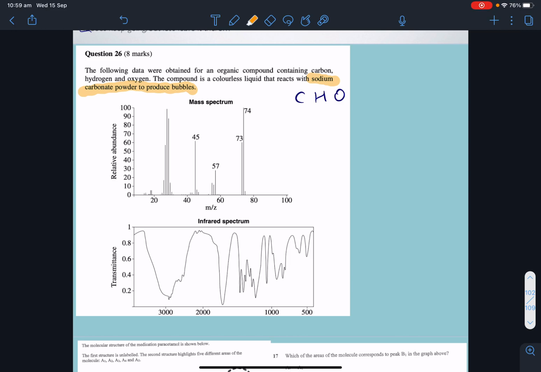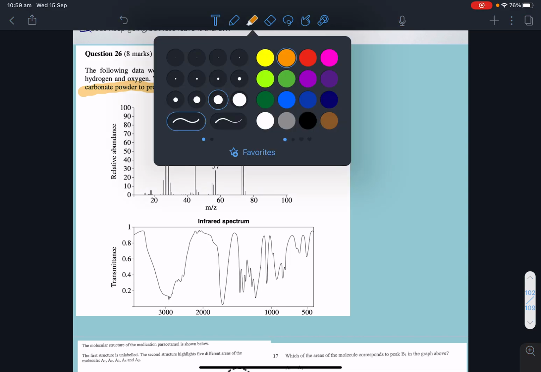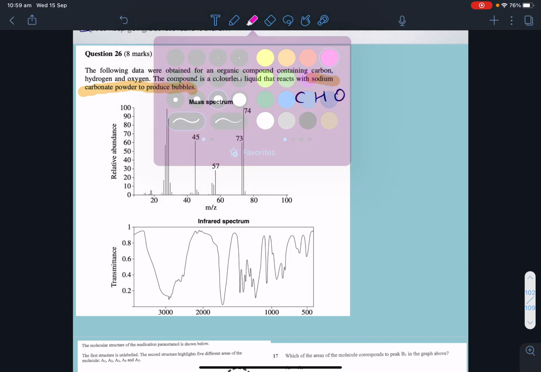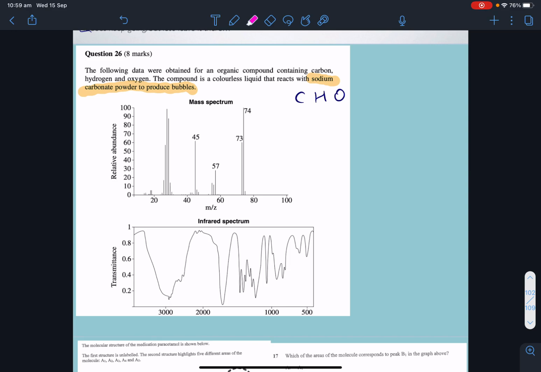I'm going to jump down to the IR spectrum, because if I'm now suspecting that we have a carboxylic acid, what I should see in the IR spectrum is a wide and deep OH peak, and a very deep and narrow carbonyl peak, and we've got that. So that is a wide OH, so it equals carboxylic acid.